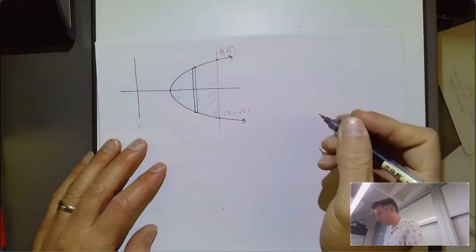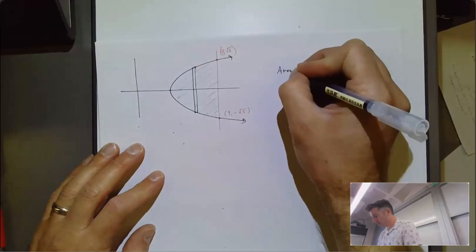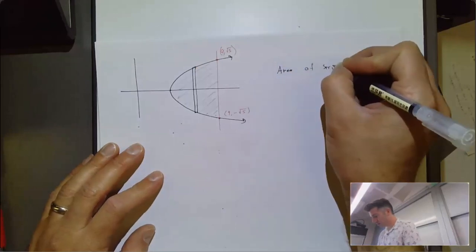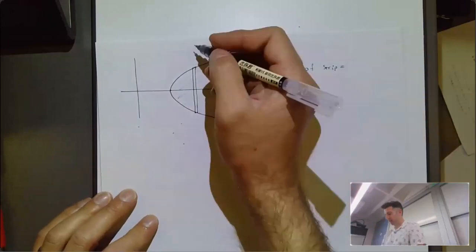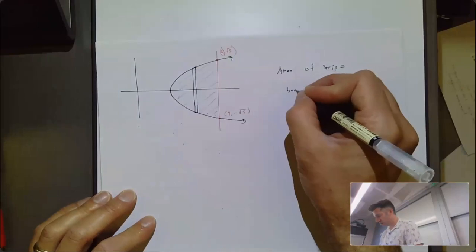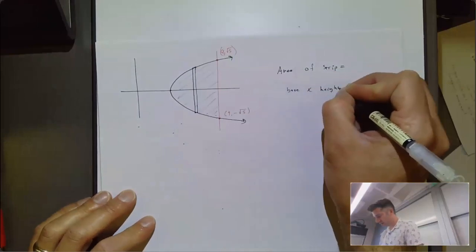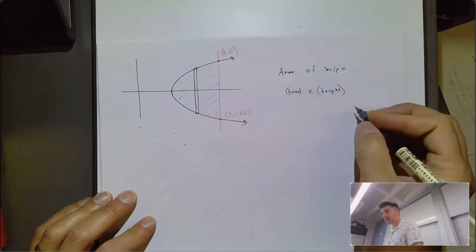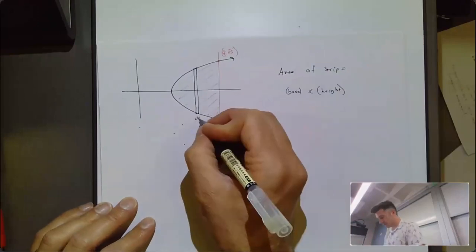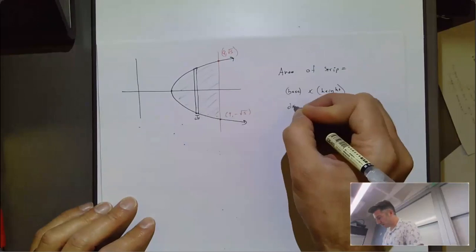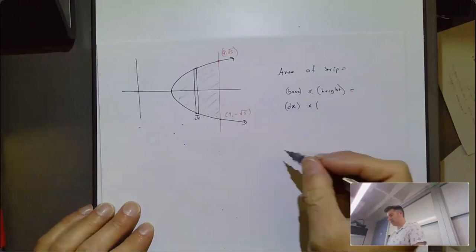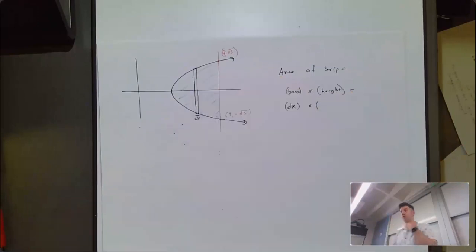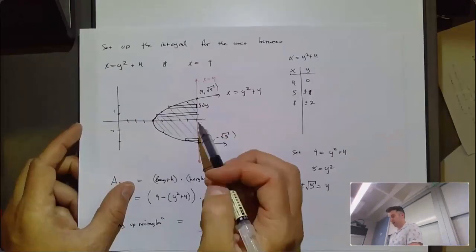And so just like before, the area of my strip is going to equal, I'm going to say length times width or base times height, whatever you want to call it. The base is a small change in x. That's my dx. The height is the, so for a horizontal rectangle or strip, the length of it is the right minus the left function, right?